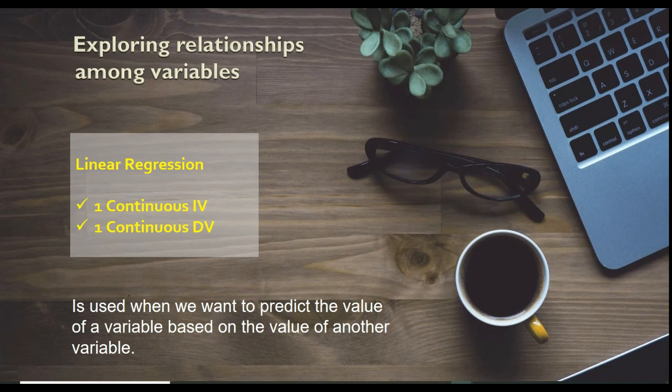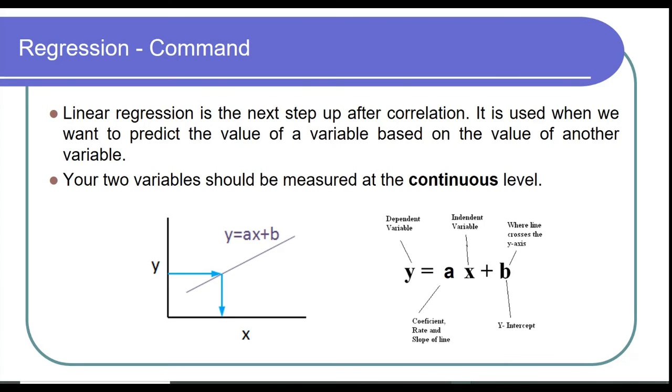Linear regression is used when we want to predict the value of a variable based on the value of another variable. Here we have two continuous variables: one IV and one DV.